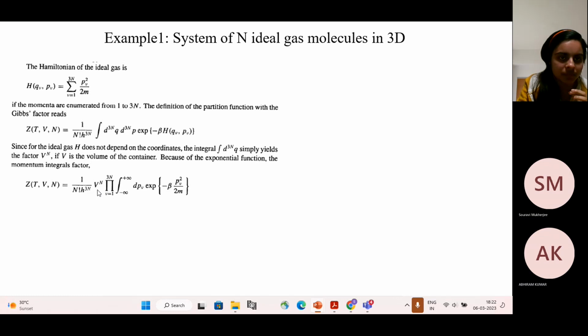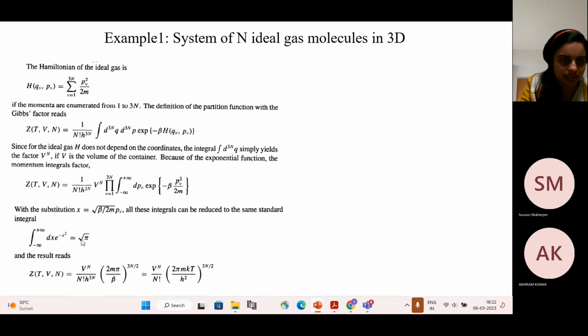Now what is left is just the integration over the momentum. It has only momentum here, right? So what you then do is use an identity of the Gaussian integral, and this is the identity. You do a substitution, and then you get something like this.